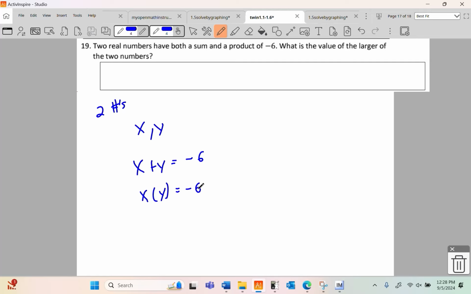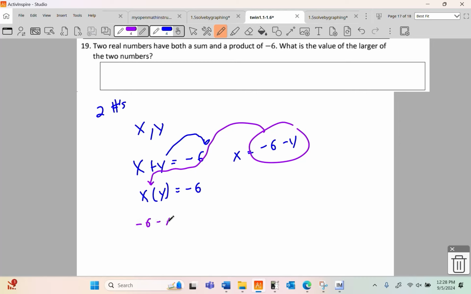What can we do here? Let's just solve this equation for x. x is -6 minus y, and then I can use substitution. I can put that right there. (-6 minus y) times y is -6. I can do the distributive property. -6y minus y squared is -6.